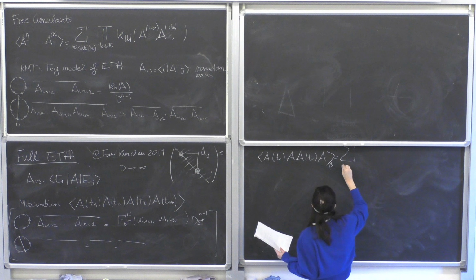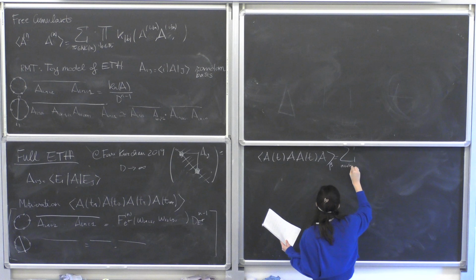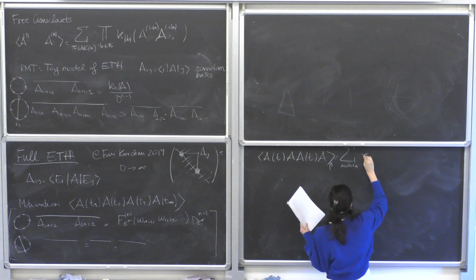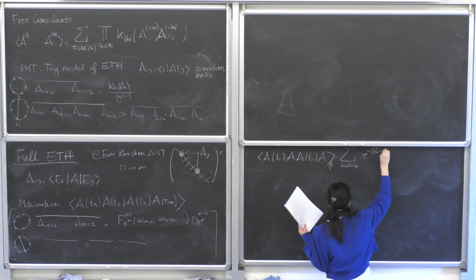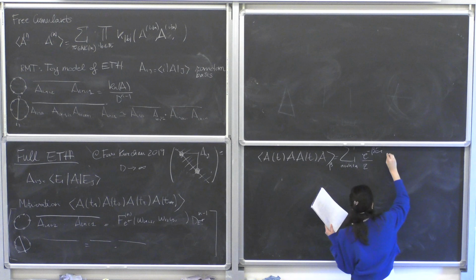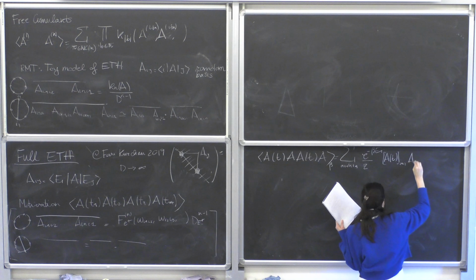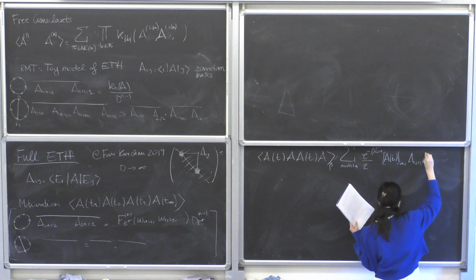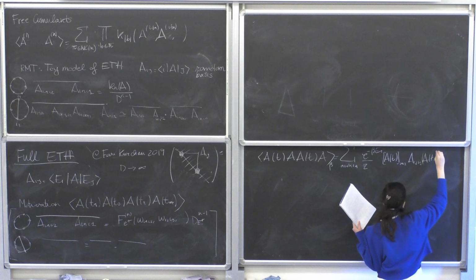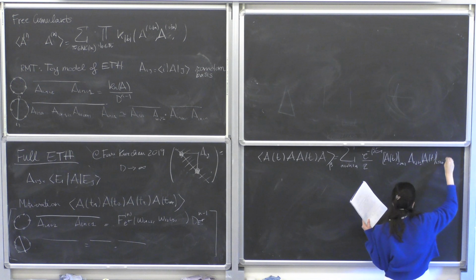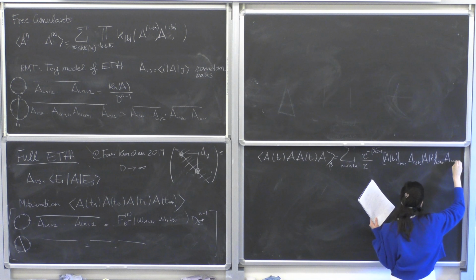So here you have to sum over 4 matrix elements, e to the minus beta E_i over Z. And then you have A of t, I1, I2, A, I2, I3, A of t, I3, I4, A, I4, I1.